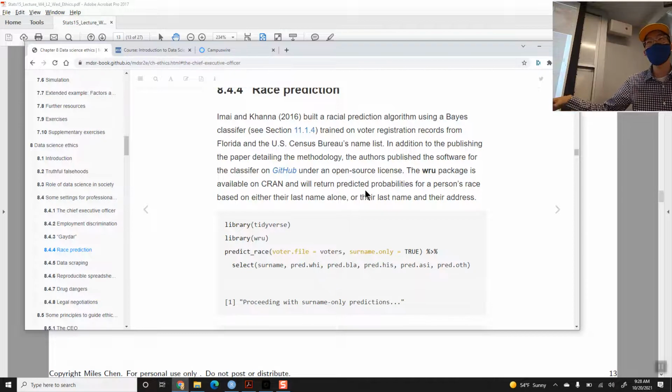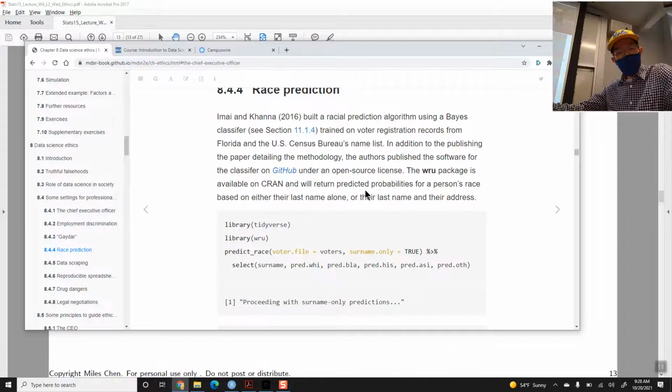So, for example, before you even saw my face, when you saw my name listed as the professor of this class, you could probably have guessed that I was going to be an Asian person, because my last name is Chen, and most people with the last name Chen are of Asian descent, and I'm certainly the case.